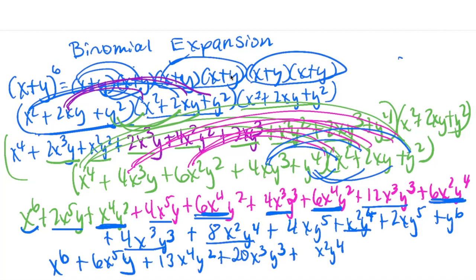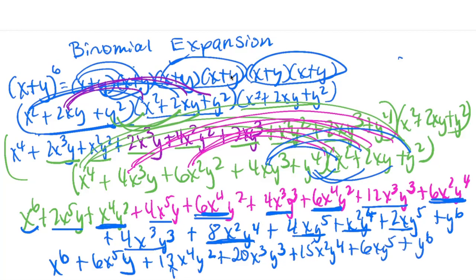So that's 6, and 8 is 14, and 1 is 15, which actually should have been what that number is. I don't know what I missed. Maybe somebody caught it. Then I have 6 x y to the 5th, plus y to the 6th.